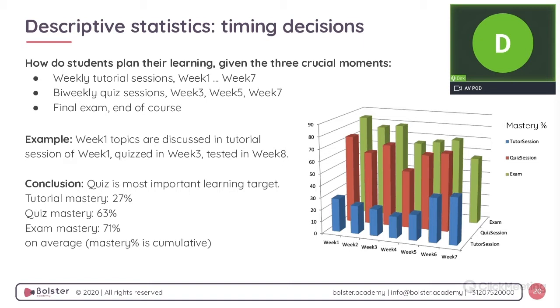So the blue, and then this is extra in the red one, and then this is again extra in the green one. So those are cumulative in terms of their mastery. Most of the mastery happens in the second learning phase. In the third learning phase, there's only little added. And in the first learning phase, for us the most important learning phase, only 27% is mastered of the total topics.